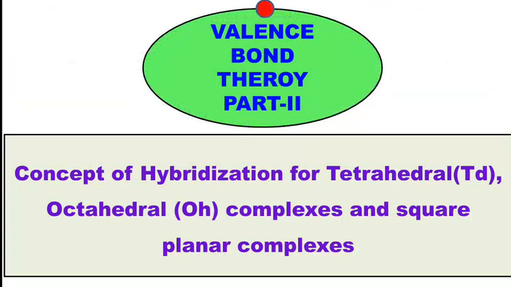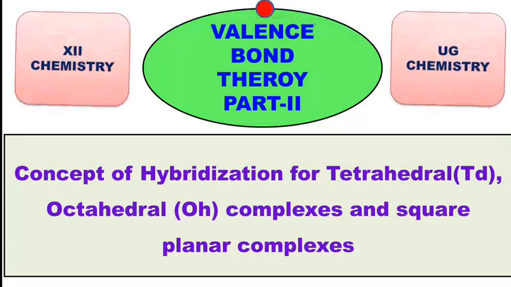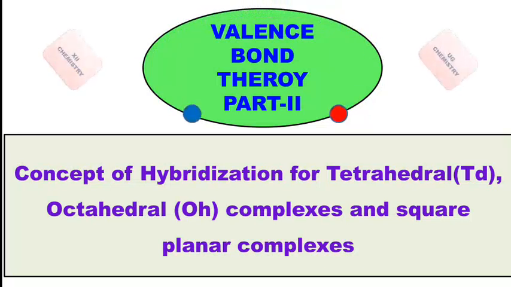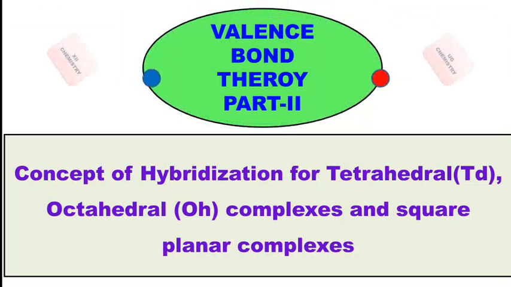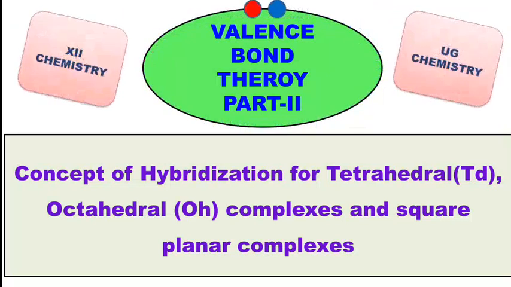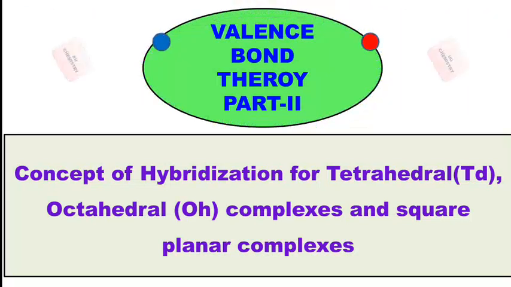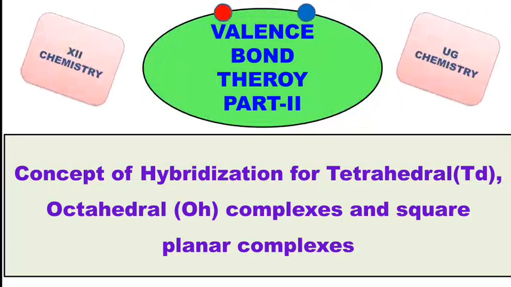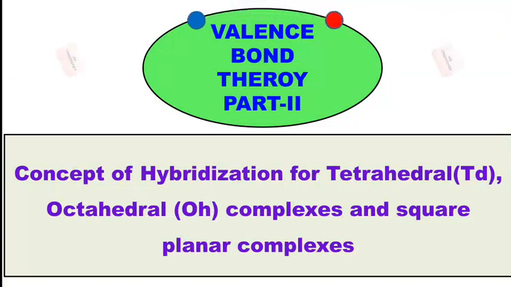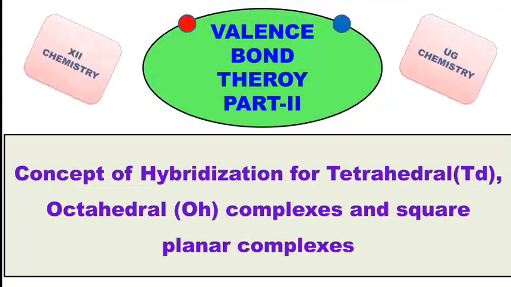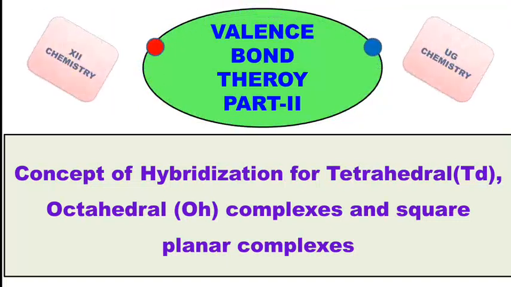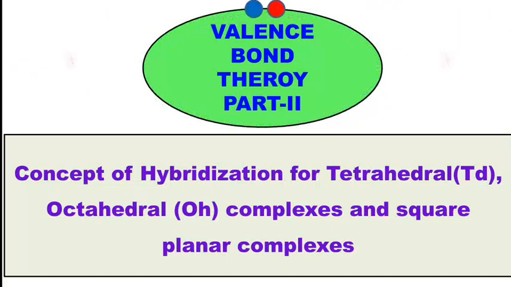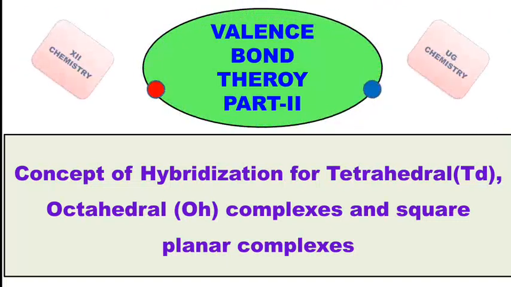Several questions can be asked in the examination, like the magnetic property of the complexes with the help of the spin only formula, how many unpaired electrons are present in the complex, and the geometry and hybridization of the complexes, which can be solved from the knowledge of valence bond theory.